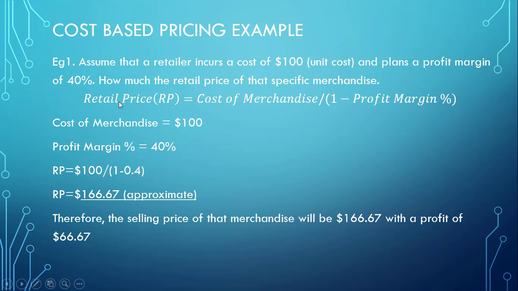It is simple. You just use the formula that I have provided. The cost of merchandise is 100 and the profit margin is 40%. So it is $100 divided by 1 minus 0.4, because 40% should be converted into decimals. The retail price will be $166.67 in approximation.